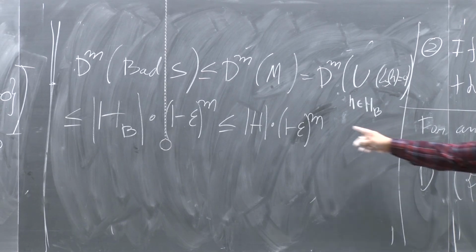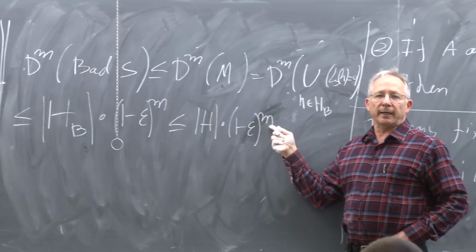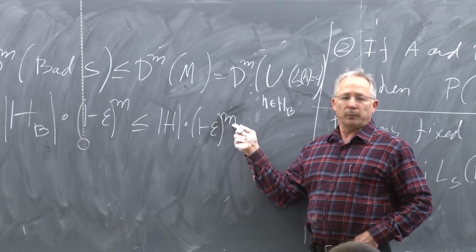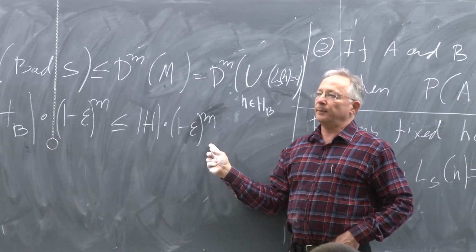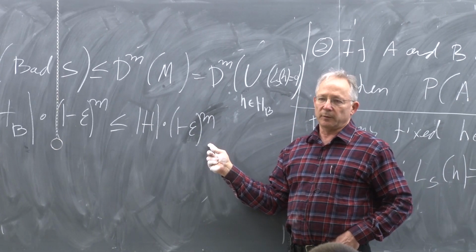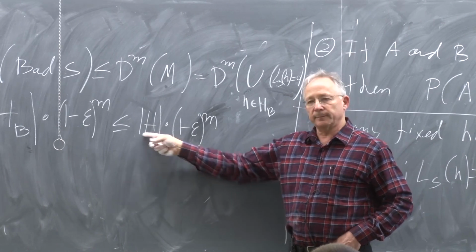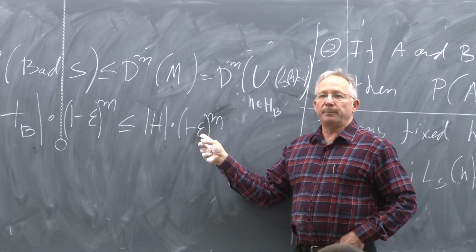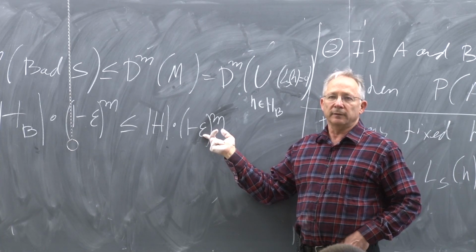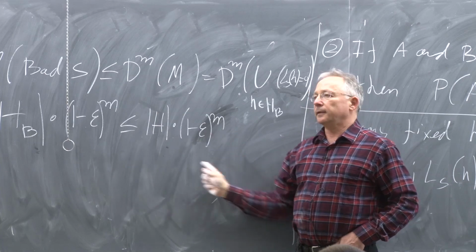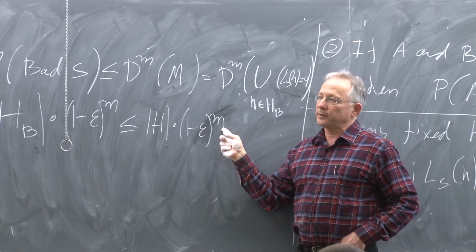And this upper bound, as you see, goes to 0 when the sample size goes to infinity. With large enough samples, the probability of making a bad decision goes to 0. Because H was finite, and a bad decision is that it has error of more than ε. So the probability of picking a bad h goes to 0 as the sample size grows.